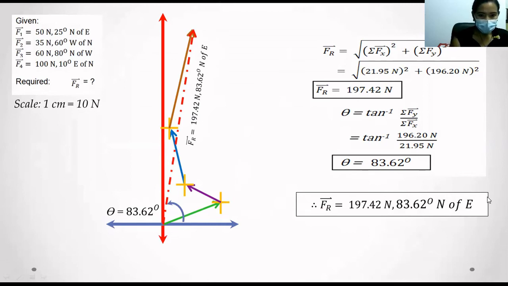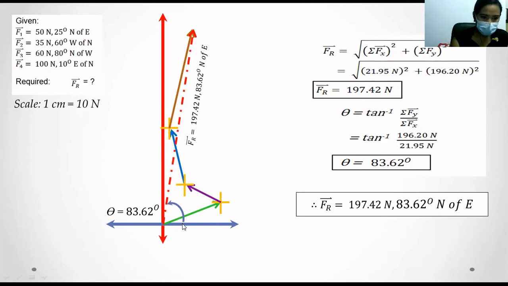Okay, so in finding the direction of our resultant vector, we always look for the nearest x-axis. In this case, our summation of f sub x is lying on the positive x-axis, and our summation of f sub y is lying across the positive y-axis.